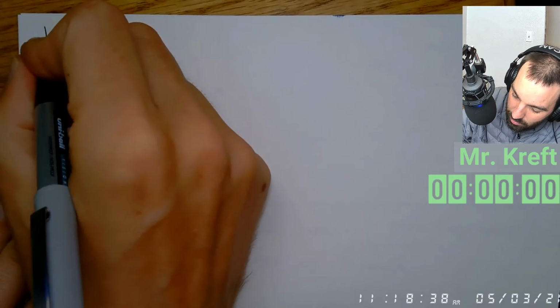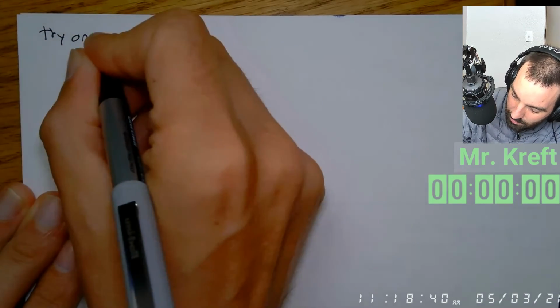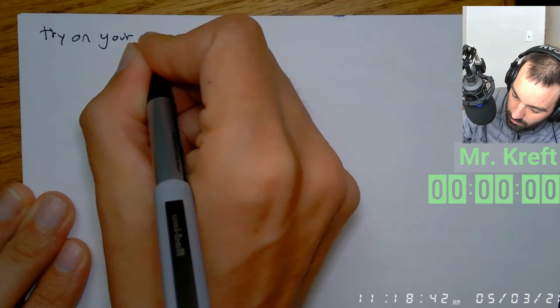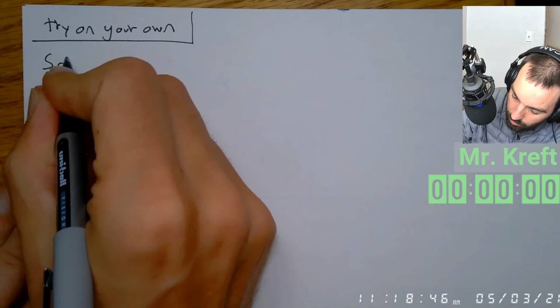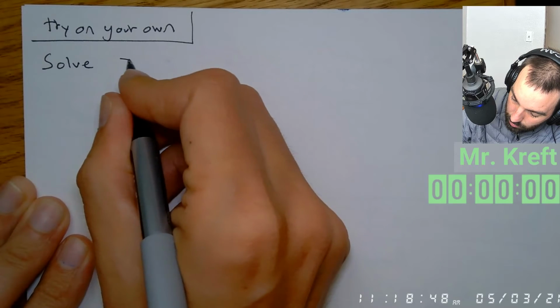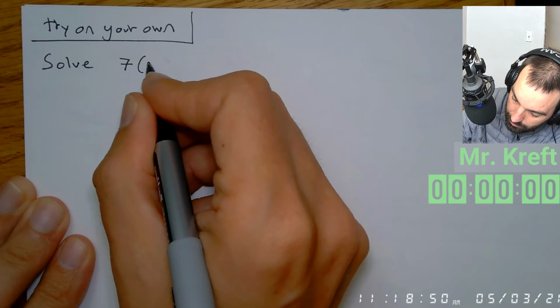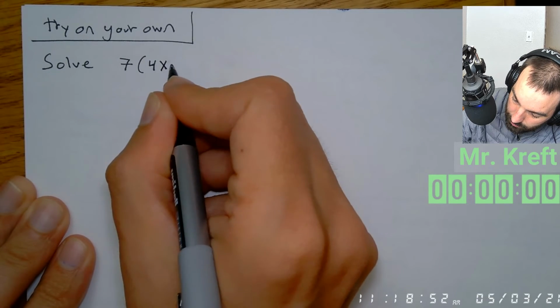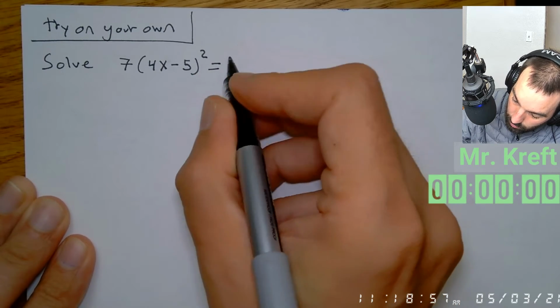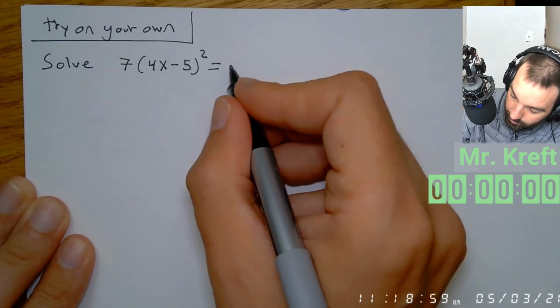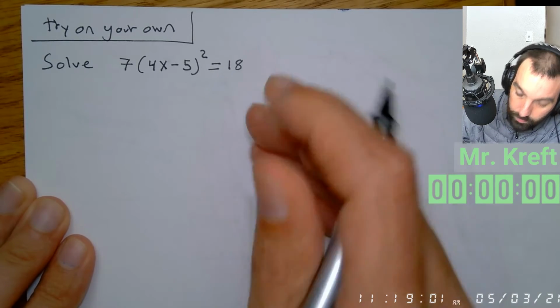Okay, so let's do another try on your own. So we're going to solve 7 times the quantity of 4x minus 5 quantity squared equals, let's do 18.